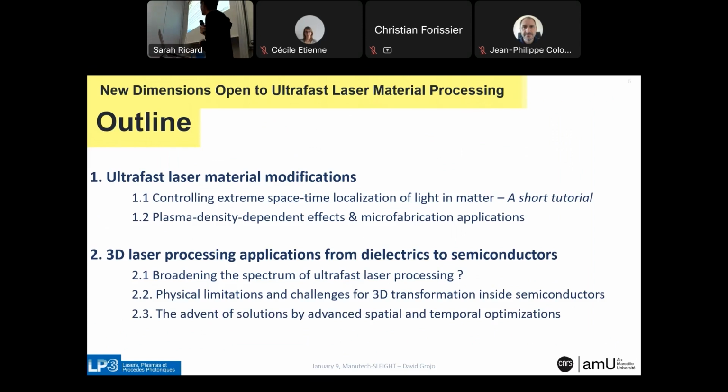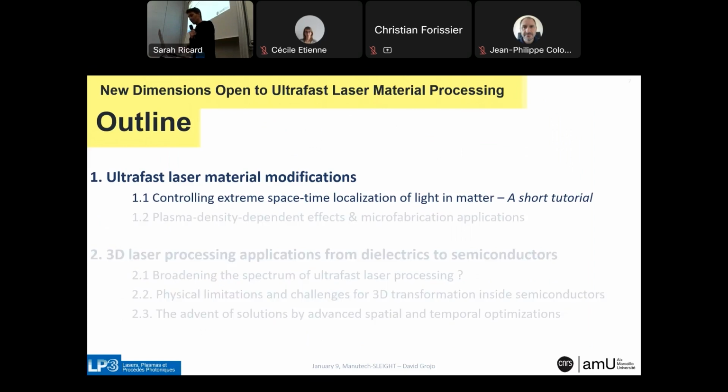And then I will review briefly a few applications, but mostly about micro-optics. In the second part, I will describe some research activities on which people now concentrate to try to transfer the possibilities demonstrated in dielectrics to semiconductors. So I will explain how you can do it, why semiconductors are much more challenging, and the solutions that people are currently studying to solve this problem.